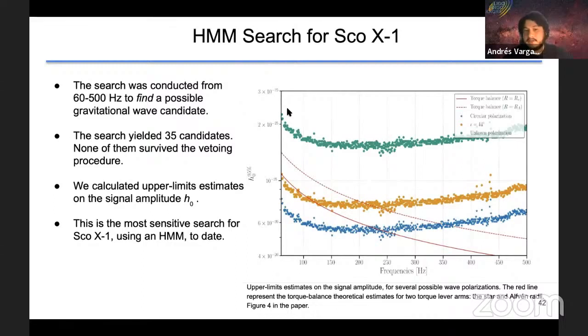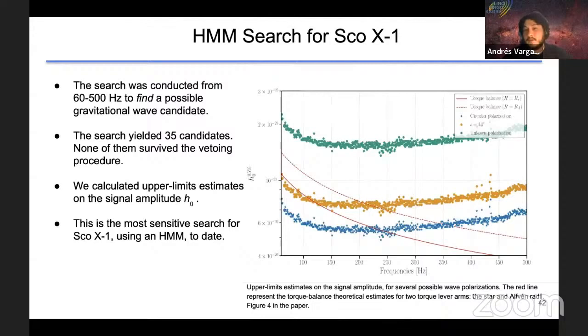So we have in different colors the different upper limits depending on the polarization of the wave. And in red, we have the theoretical estimates of torque balance for the best case scenario. As you can see, at least for the orange line, that is for the inclination angle of 44 degrees, from 60 to 100 hertz, this line already dips below the torque balance.